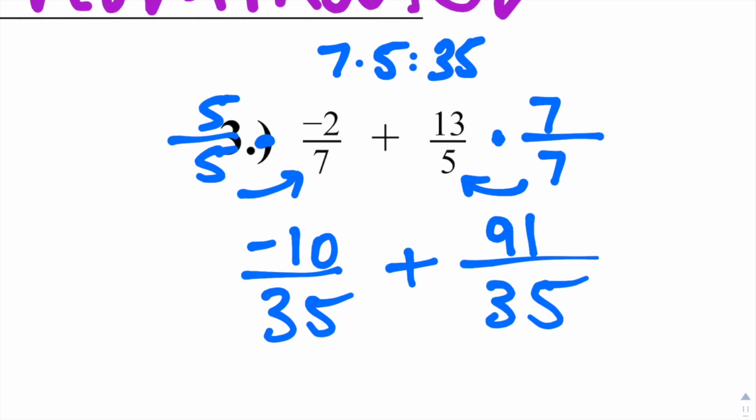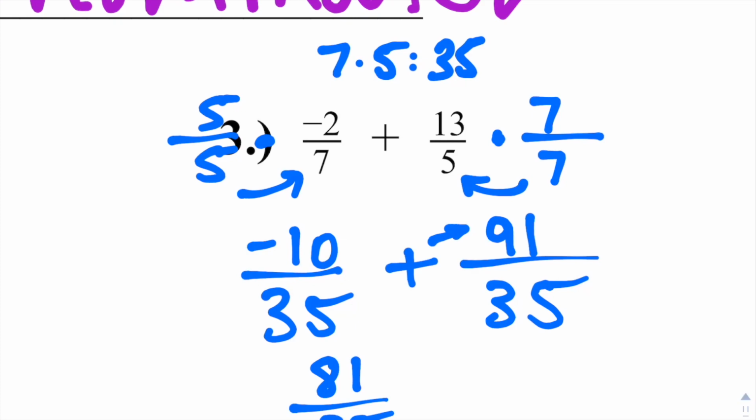And as you can see, the numerator has a positive and a negative number, so you have to decide which number is greater and find the difference. So the number that is greater is definitely the 91, and that's positive because this positive goes with that 91. So if we just take 10 away from 91, we're going to wind up with 81. So we get 81 over 35.